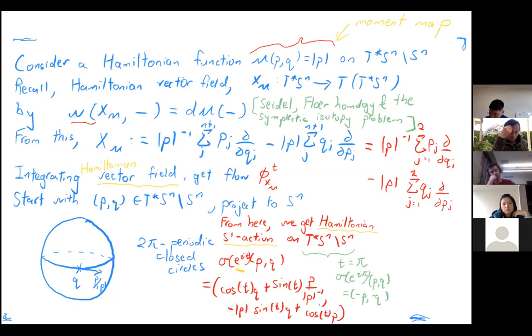So on the zero section, you define it as the antipodal map, and then on the other section you apply this Hamiltonian S1 action. Okay.